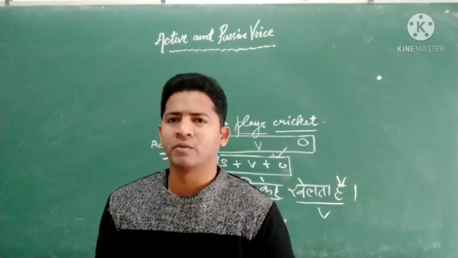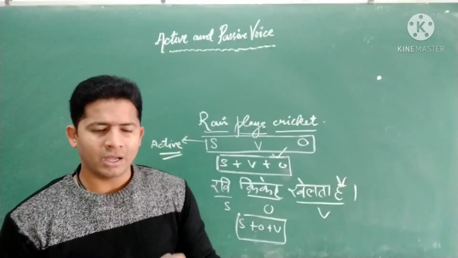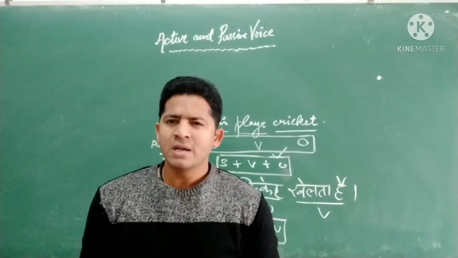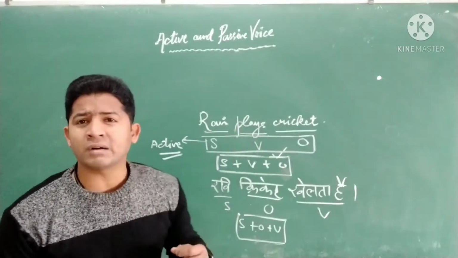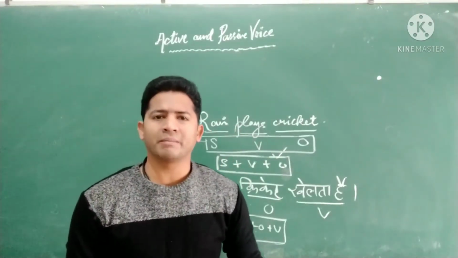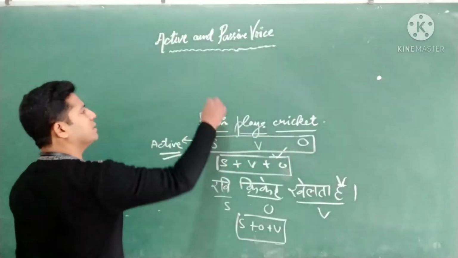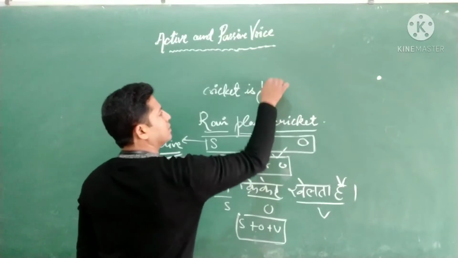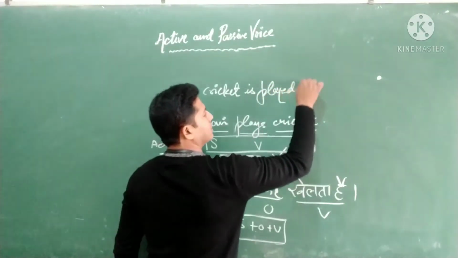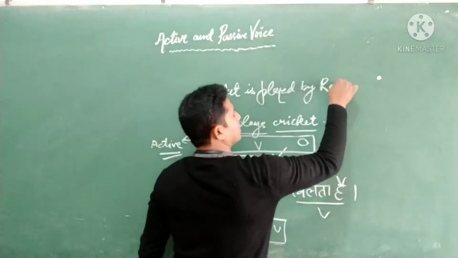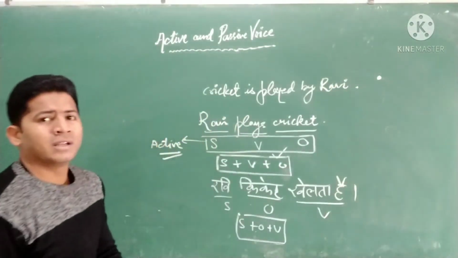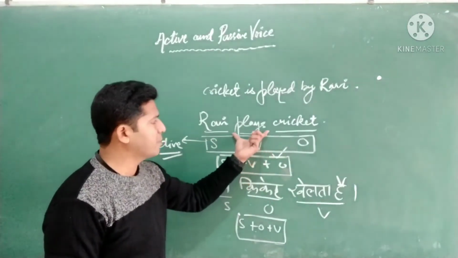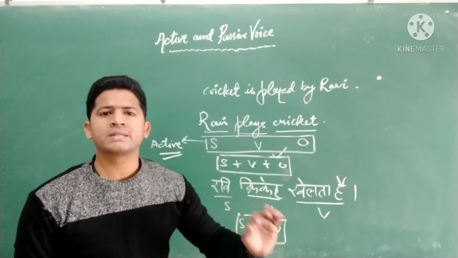Now what is passive voice? As I explained, any sentence written in passive voice is nothing but a change in structure. The meaning is completely the same. Let's see how. If you write the same sentence as cricket is played by Ravi, you will find the structure of the sentence has changed, completely different from the previous one, but the meaning is exactly the same.